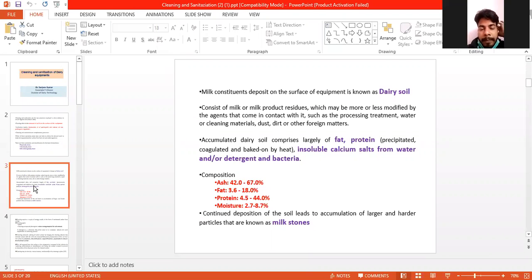That means dairy soil comprises largely fat, protein, insoluble calcium salt from water or detergent, and bacteria. Continued deposition of soil leads to accumulation of larger and harder particles, known as milk stones.